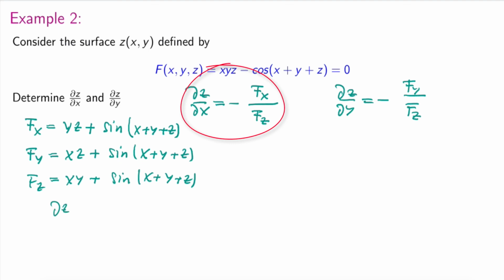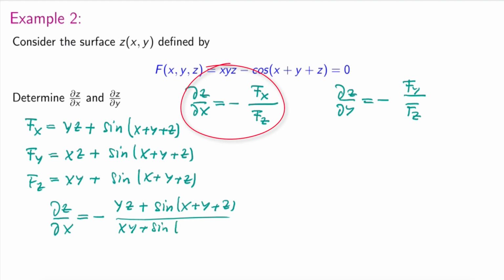So then dz by dx would be minus, taking the x derivative of big F, yz plus sine of x plus y plus z, divided by the z derivative, xy plus sine of x plus y plus z.